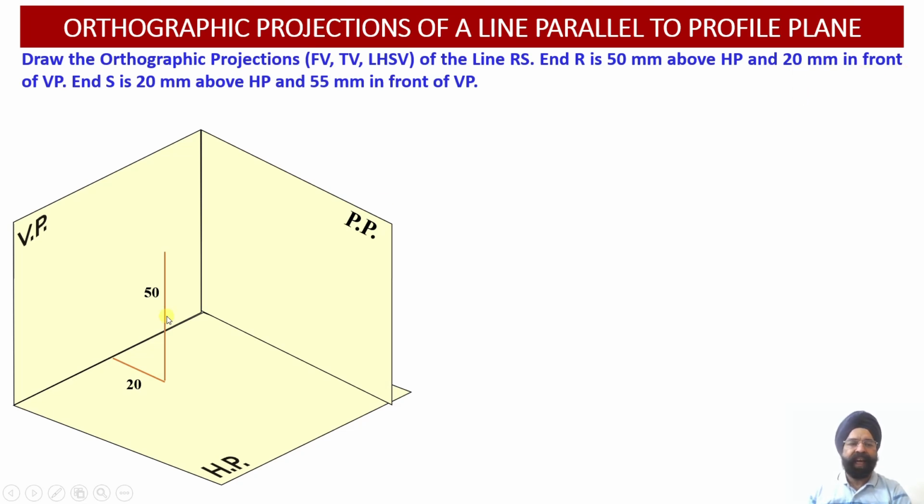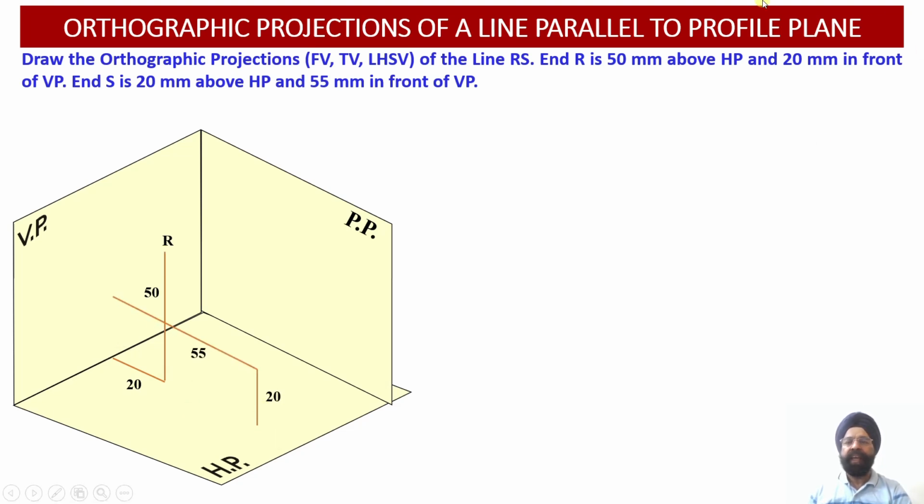So we locate this point R 20 millimeter in front of the vertical plane and 50 millimeter above the horizontal plane. The spatial coordinate location corresponding to the point R has been obtained in the 3D coordinate system.